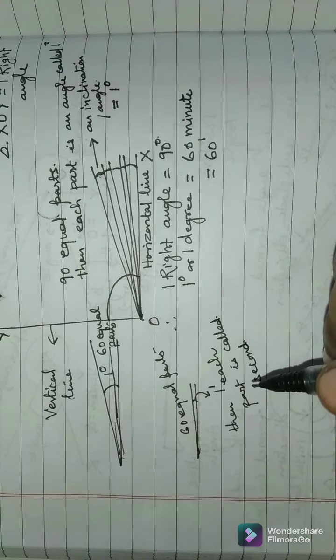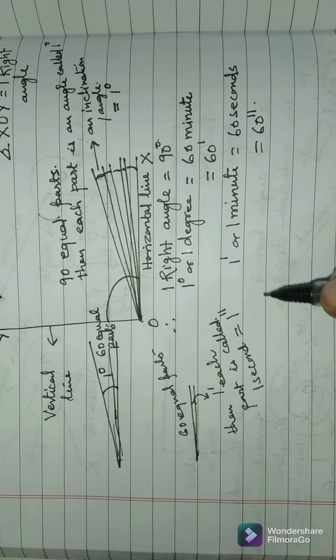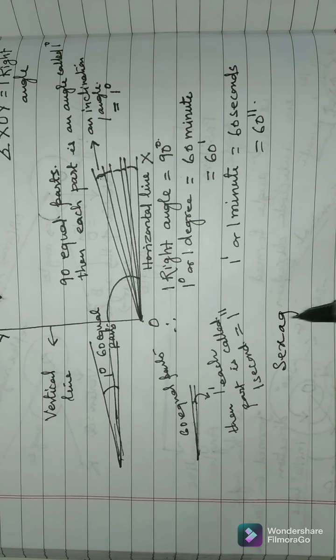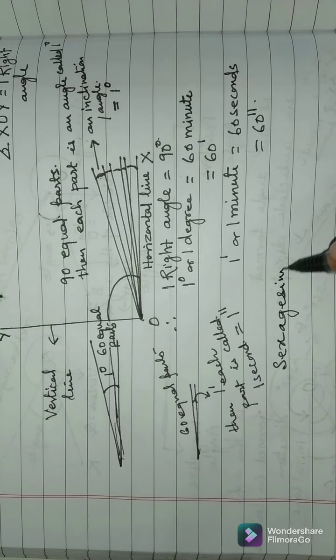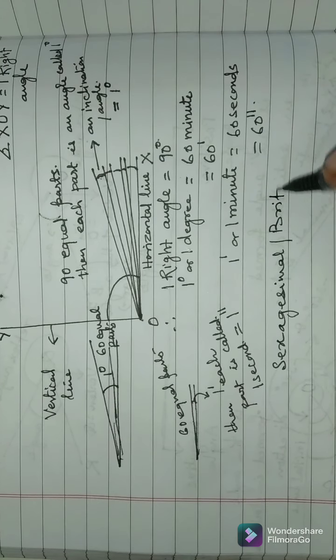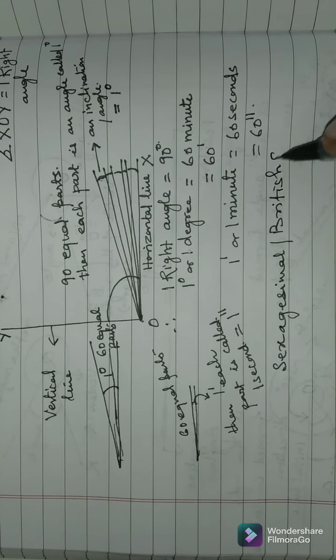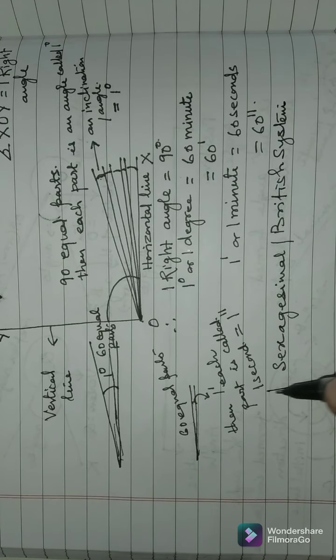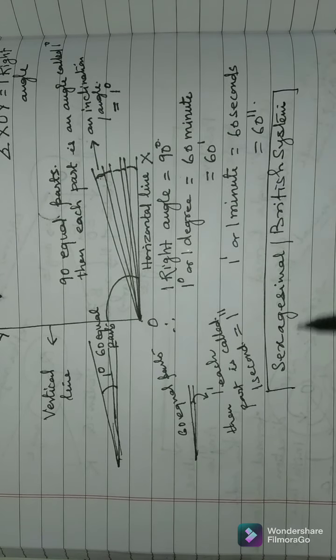So as you know, the British system is also known as the sexagesimal or British system. Both names are a little bit difficult.